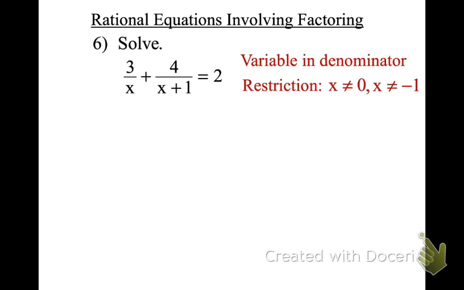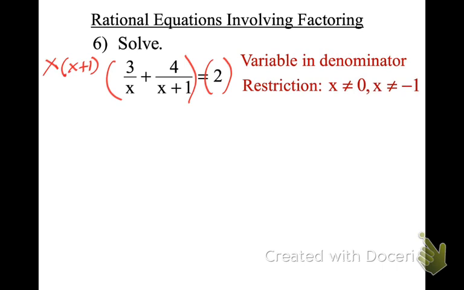How am I going to clear the x plus 1? You said I needed an x to clear the x. What do I need to clear the x plus 1? X times x plus 1.